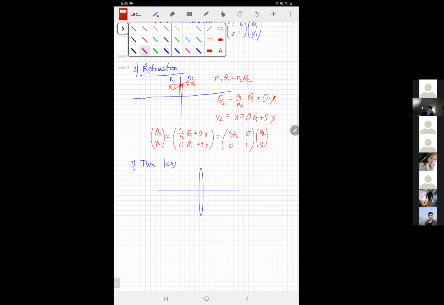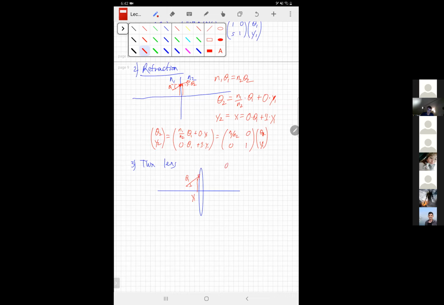Okay. This is the difficult part. We need to figure out what happens. To do an arbitrary ray is very difficult. And we've got some arbitrary ray that comes in at a distance y1 off axis. It's making an angle theta 1, and it's going to come out making whatever angle. So let's deal with different cases.